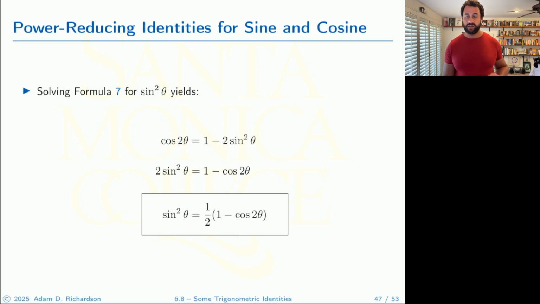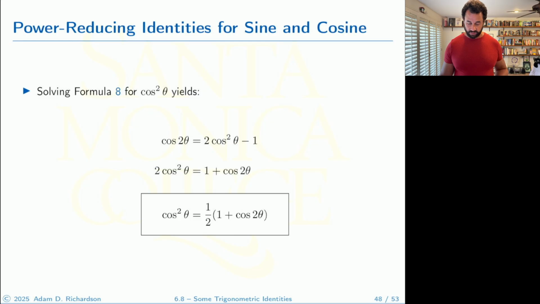Now we're going to divide both sides by 2, and we get this. And this is the power reducing identity for sine. What I want to point out here is this side has a power of 2, but this side does not. And so that's one of the power reducing identities.